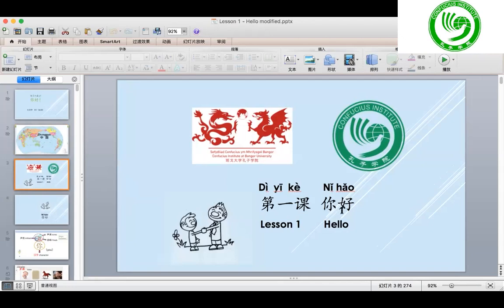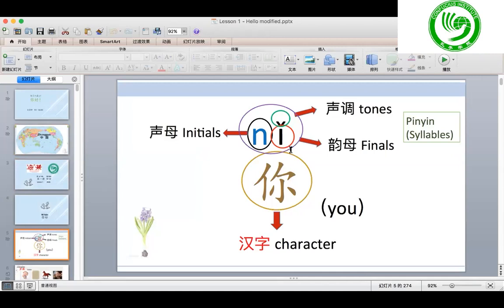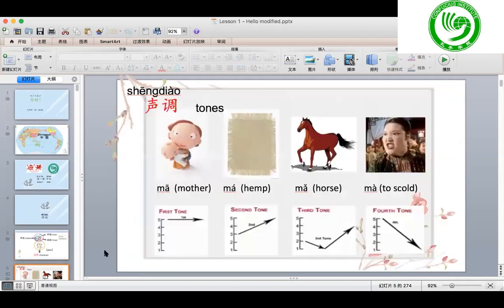And next we've learned how to say hello. It is 你好. And then we've learned the Pinyin and the Chinese characters. How many parts are there in one Pinyin? There are 3 parts: initial, final, and the tone. How many tones do we have? Yes, 1, 2, 3, 4.